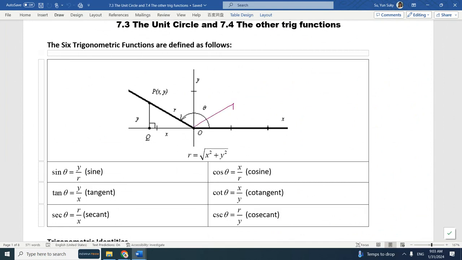That's x, that's y, that's r, and that's the angle theta. Therefore sine is opposite over hypotenuse. Opposite is y, hypotenuse is r, right? And cosine is adjacent over hypotenuse.